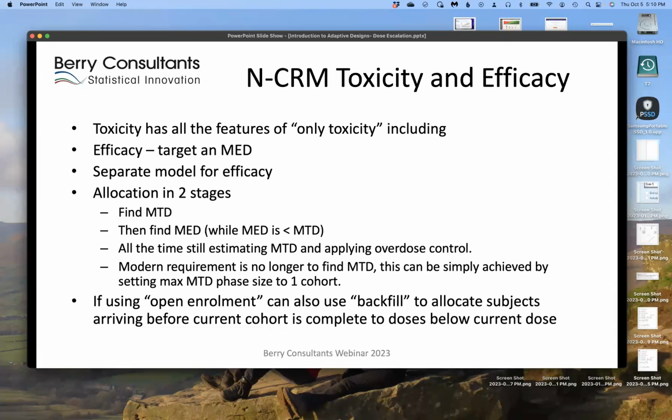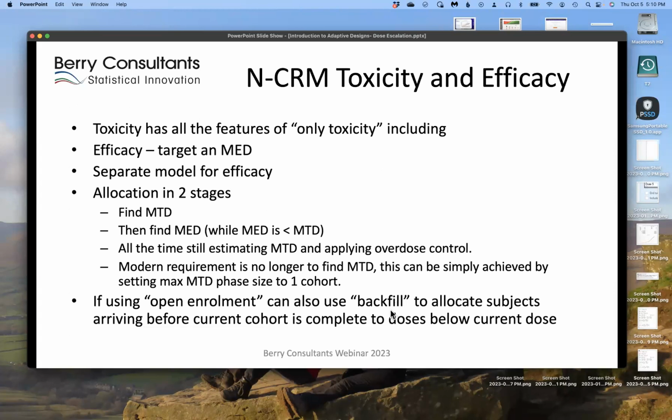A feature I haven't shown today is open enrollment, where in N-CRM you don't simply allocate in cohorts, you allocate continuously with a maximum on the number of incomplete subjects, which allows you to enroll somewhat faster.